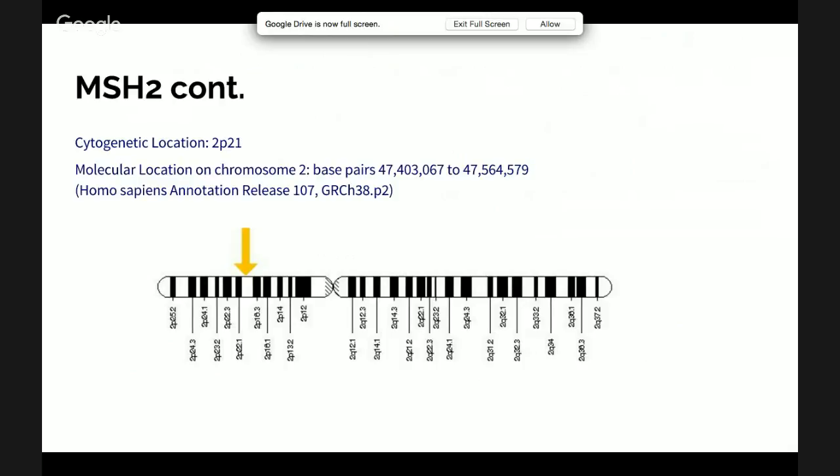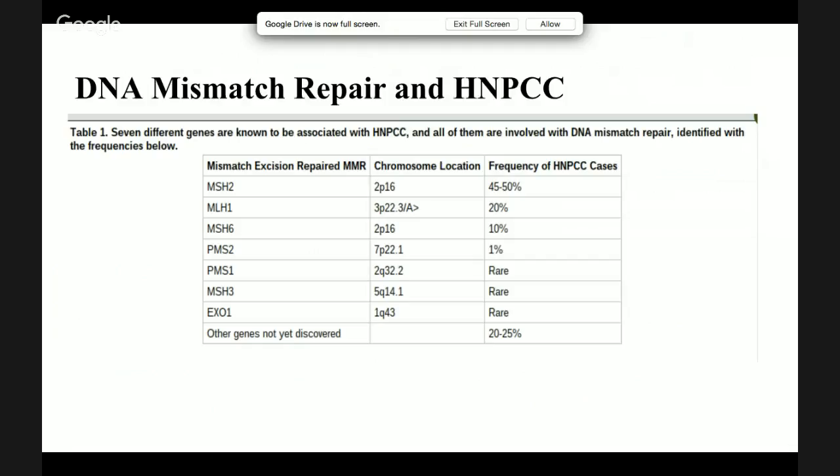This slide is basically showing the location of MSH2. And then this is a table showing the different MMR genes in relation to the frequency of HNPCC cases, and MSH2 specifically accounts for about 45 to 50%.